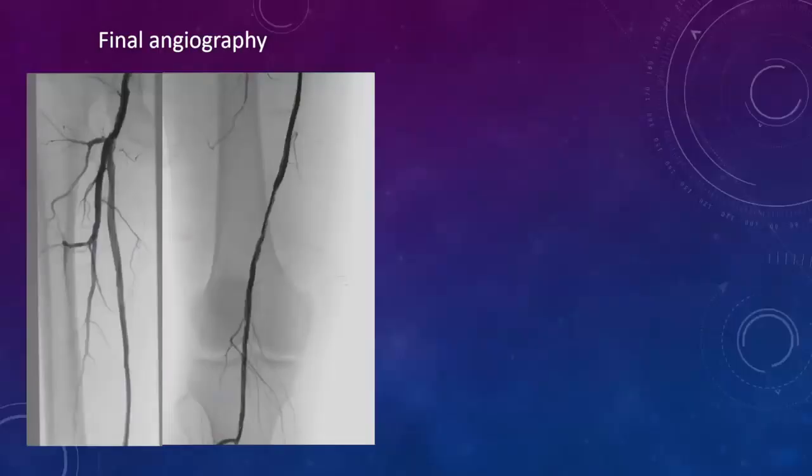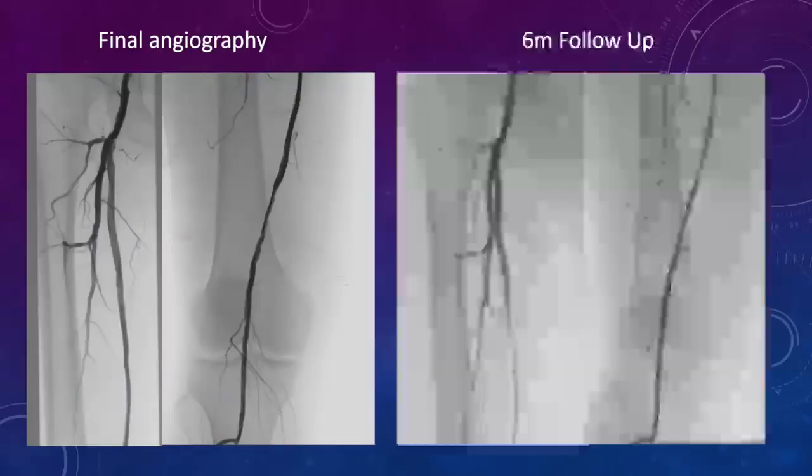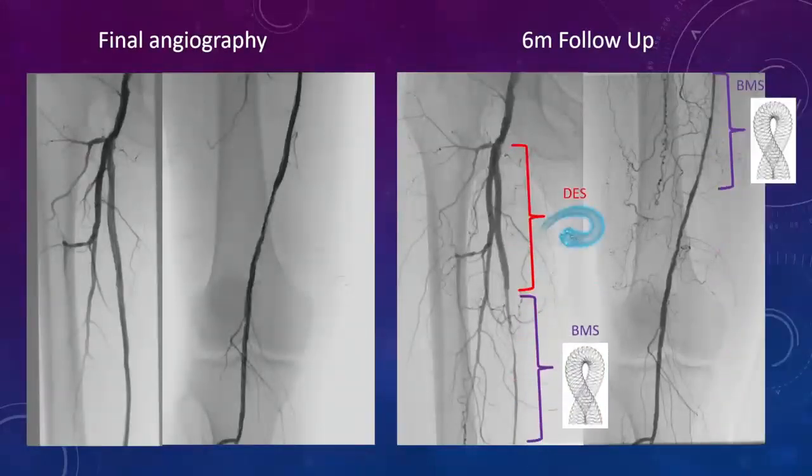Six months later, the patient came back with short claudication, and as you can see, where the drug-eluting technology was, it was open, and in the bare metal stent region, restenosis was already happening, so the vessel was narrowing down.